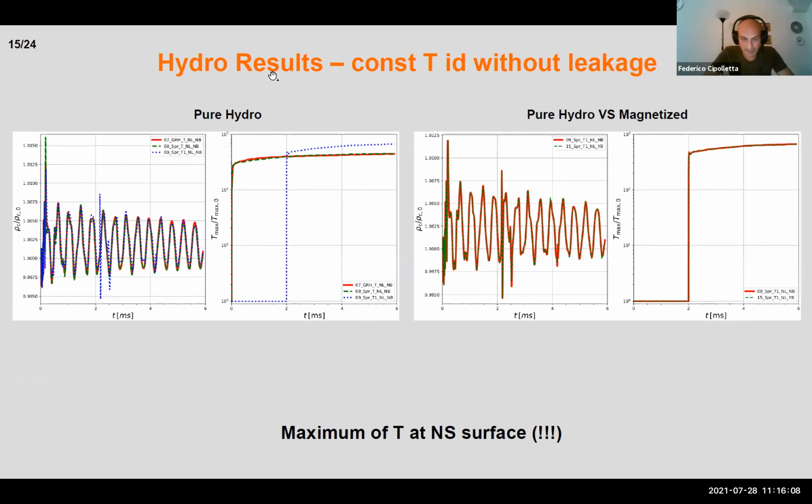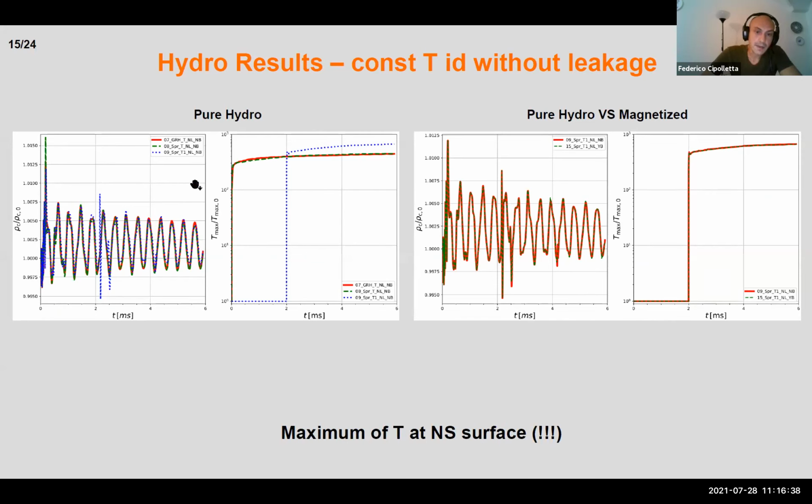Anyway, moving forward, we also have the results for the constant temperature initial data without leakage. Here the evolution is different. We see that in every simulation we have a big transient initially, a big oscillation in the rest mass that is then damped down.